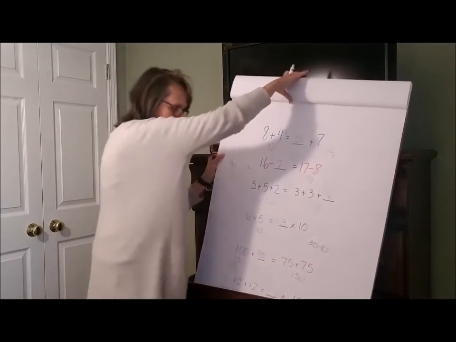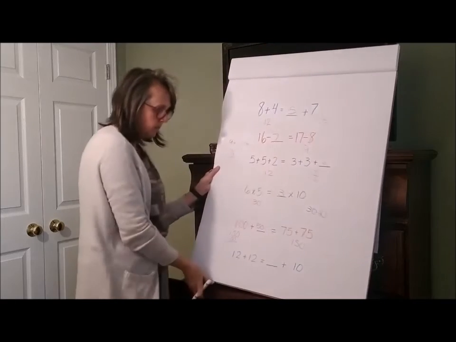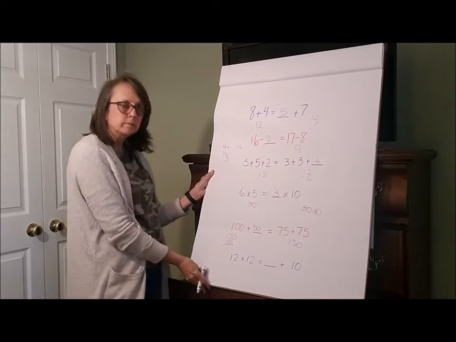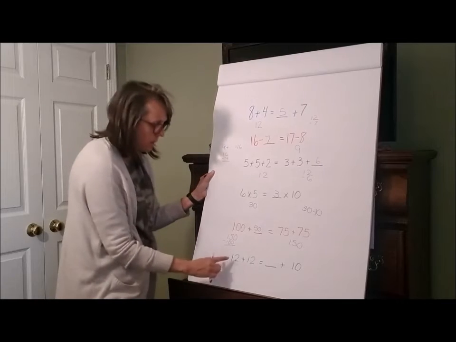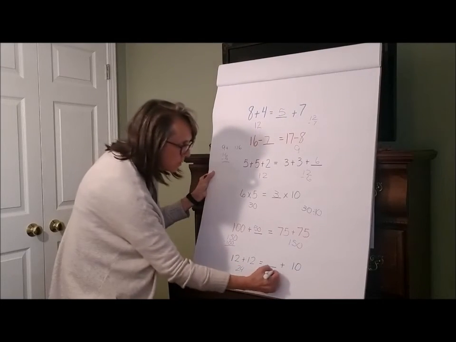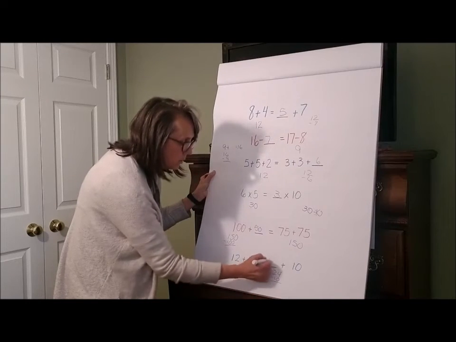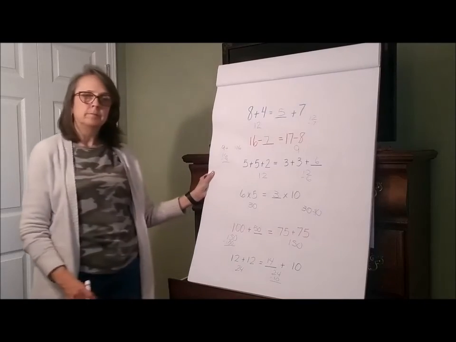Move it up so you can see. Okay, should have gotten 12 plus 12 is 24. So then 24 minus 10 will give you 14.